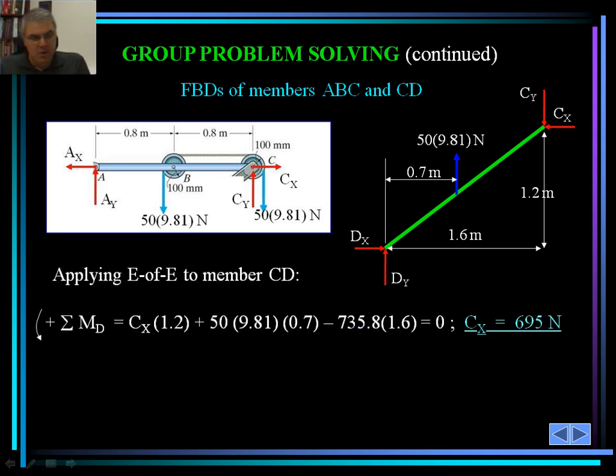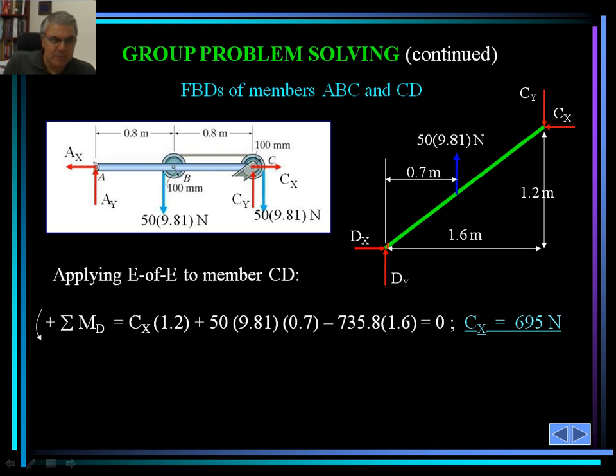Now we are going to take a look at member CD and try to apply the equations of equilibrium to member CD. We take the summation of moment about point D and set that to 0.